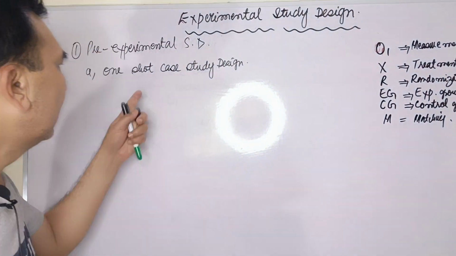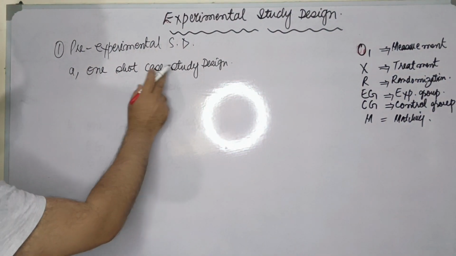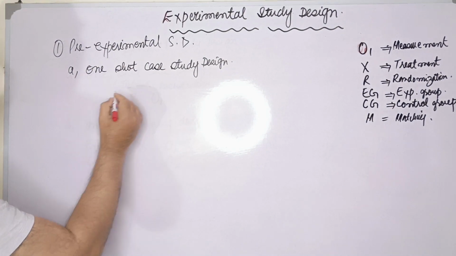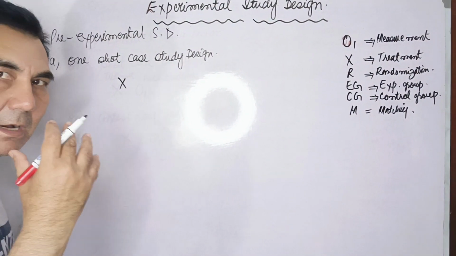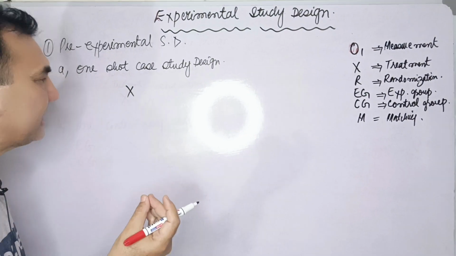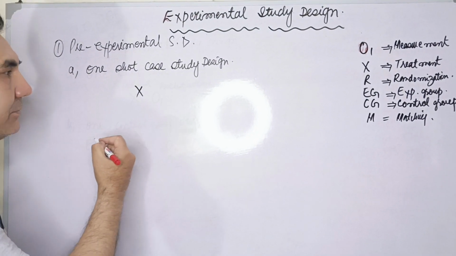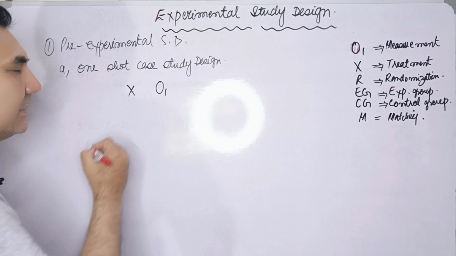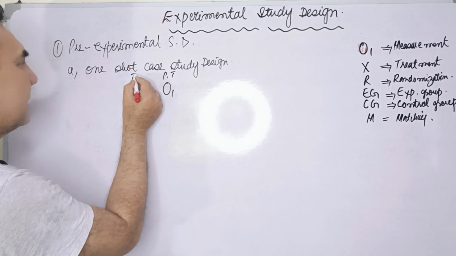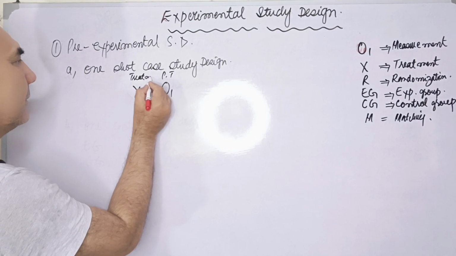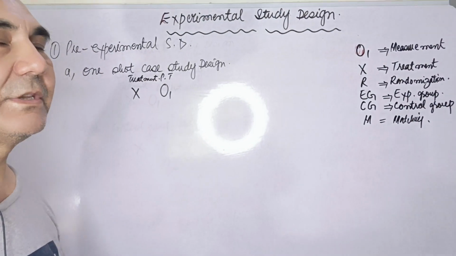Now, in the one-shot case study, the researcher directly exposes a specific group to a treatment, and then measures the outcome, or you can say the post-test. Where is it used mostly?